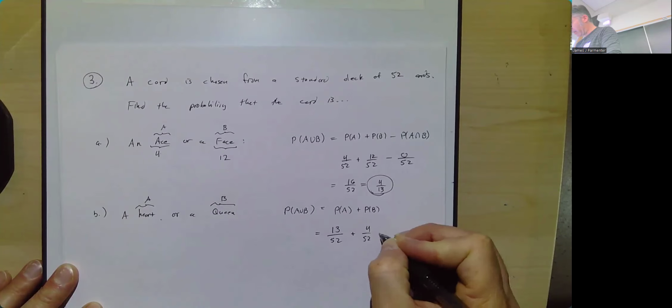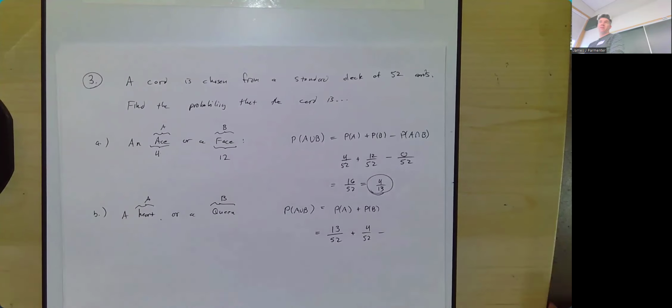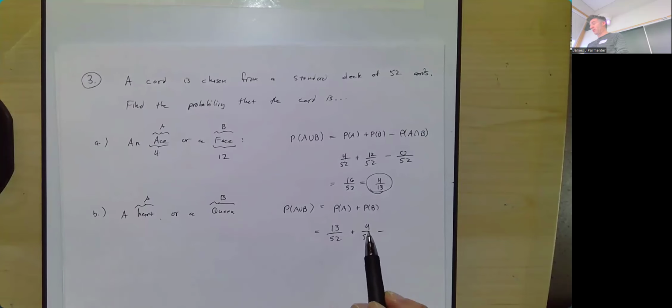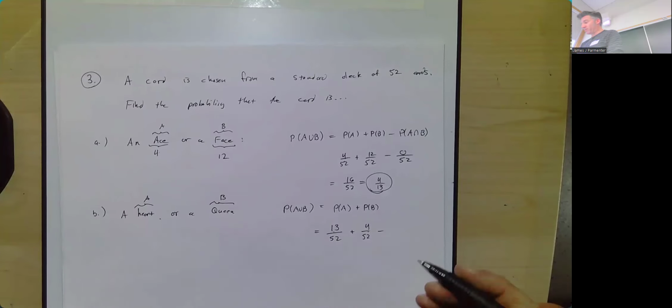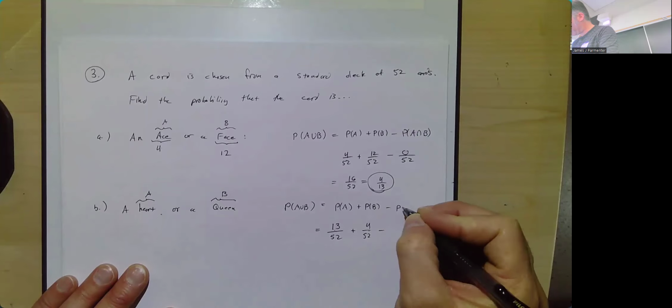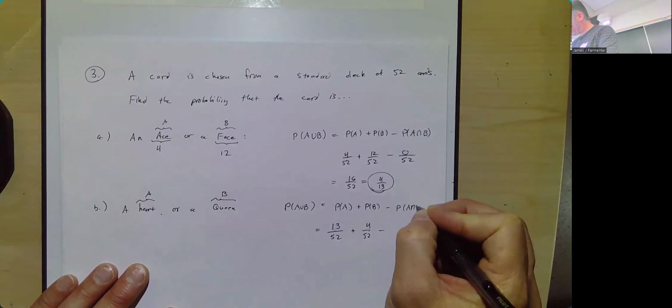But then, as Maggie so keenly observed, there is a card that is in the overlap, the Queen of Hearts. And that overlap we've double counted. We counted the Queen of Hearts here in these 13 hearts, and we counted the Queen of Hearts here in these 4 queens. So we have to subtract off the probability of the intersection, which is 1 out of 52.